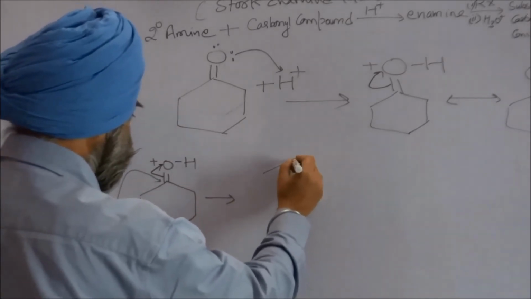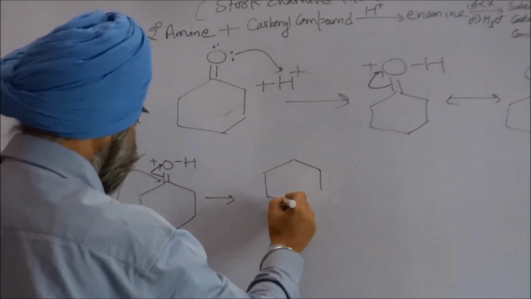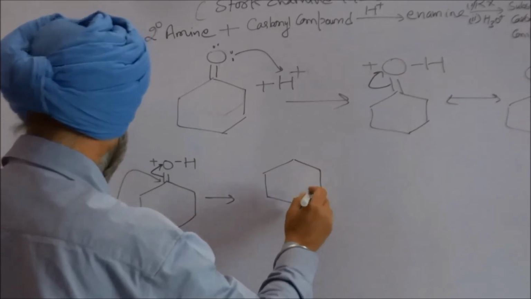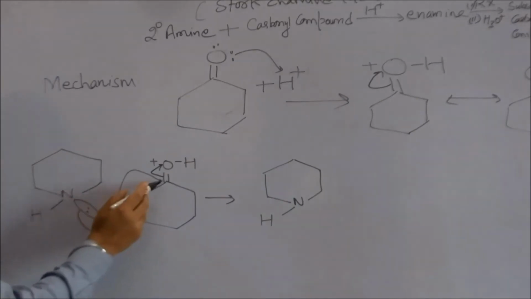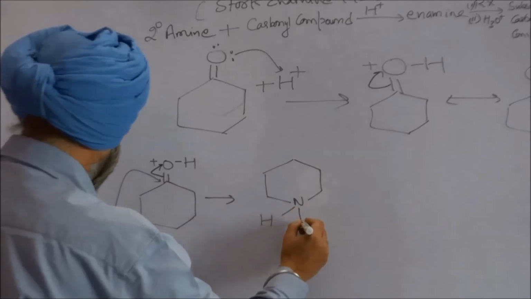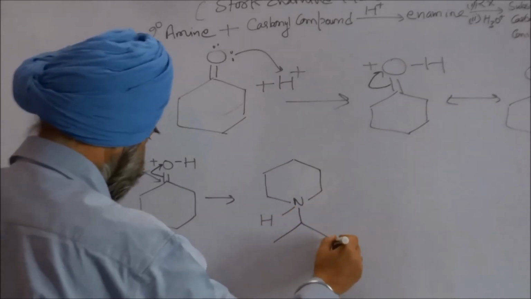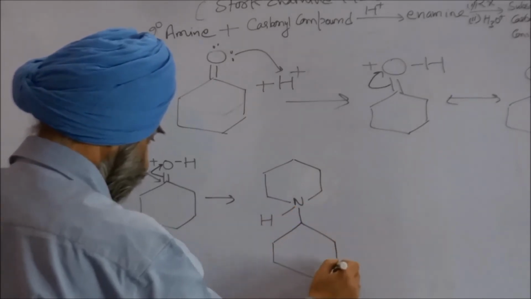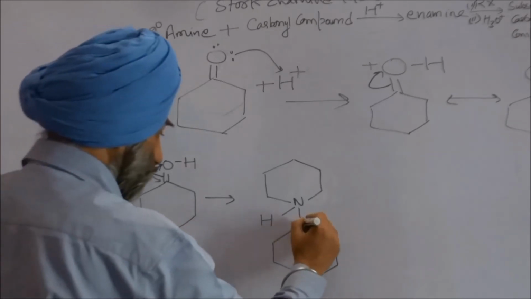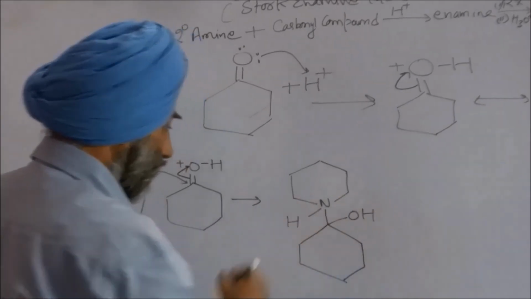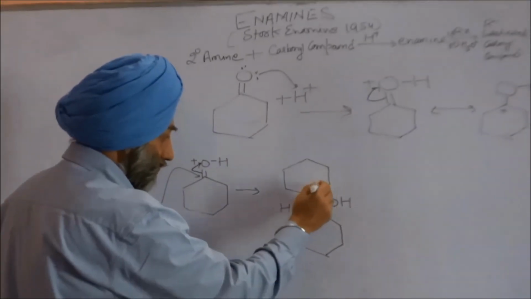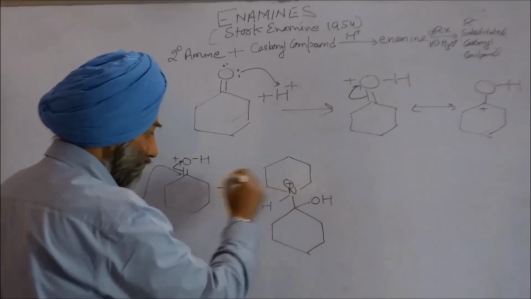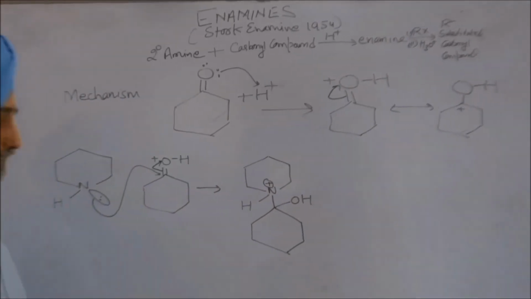We will get a single bond formed between the nitrogen and the carbon, and there is an OH group attached to this carbon. Now because nitrogen has four bonds, nitrogen acquires positive charge.